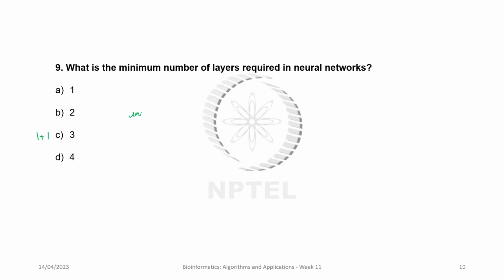Others? Thank you, Devangana and Amardeep. That's right. So you need at least 3 layers for a neural network. It can be more depending on the complexity. You can have multiple hidden layers between input and output. So minimum is 3.